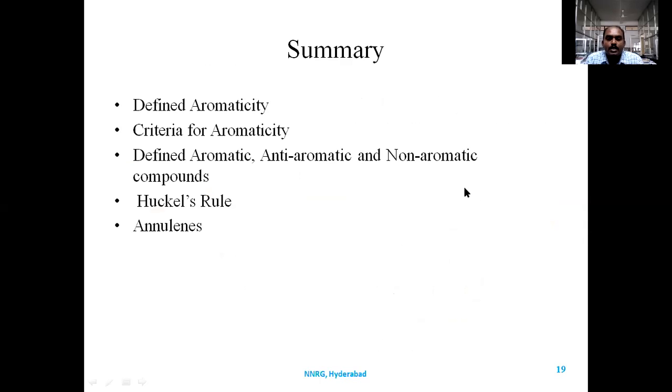So in this class, we have defined aromaticity. All the molecules are said to be aromatic if they satisfy the 4 different criteria. That is, they should be a cyclic molecule, they should have a planar structure, meaning all the atoms should be sp2 hybridized carbon, complete conjugation should be there, alternate single bond and double bond should be there, and it should satisfy Huckel's rule.